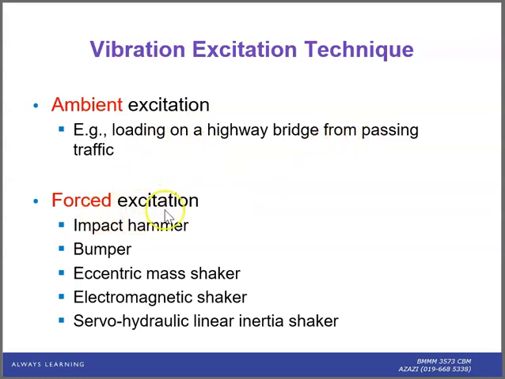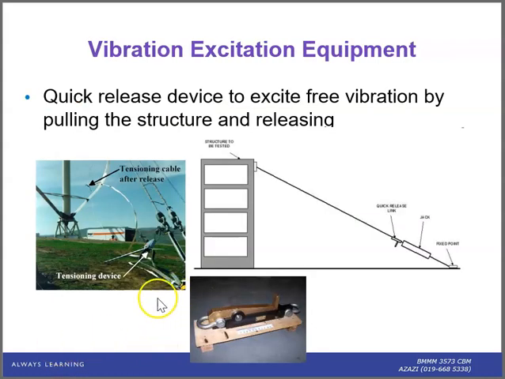Forced excitation means that we force the input, for example, impact hammer, bumper, eccentric mass shaker, electromagnetic shaker, and servo hydraulic linear inertia shaker. This is the vibration excitation equipment.